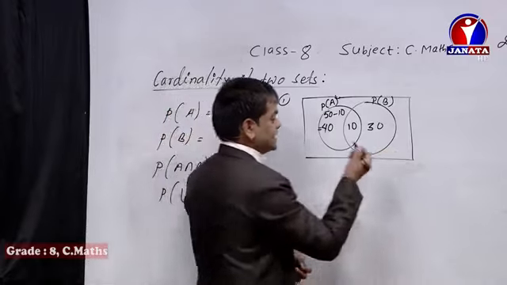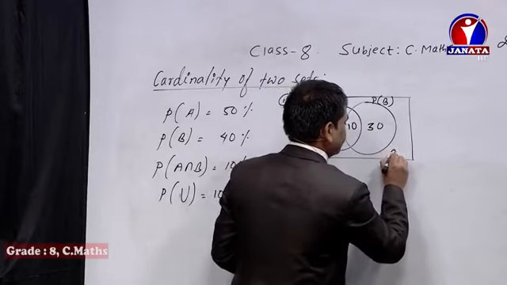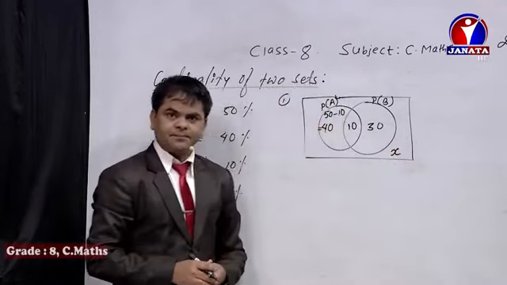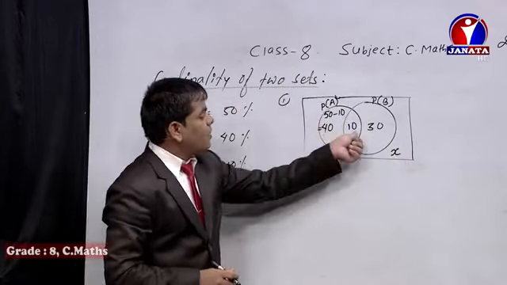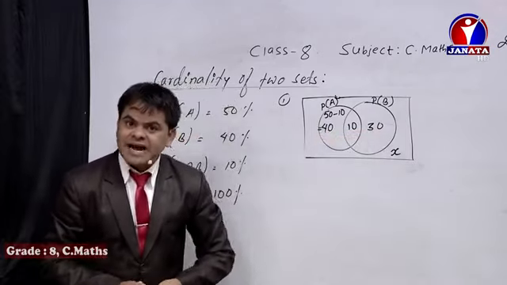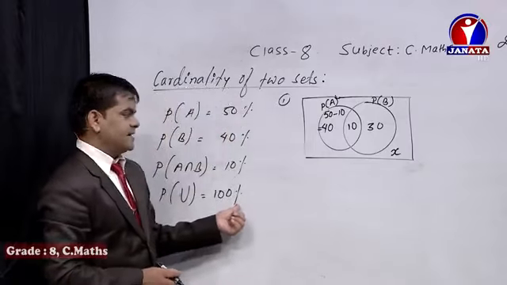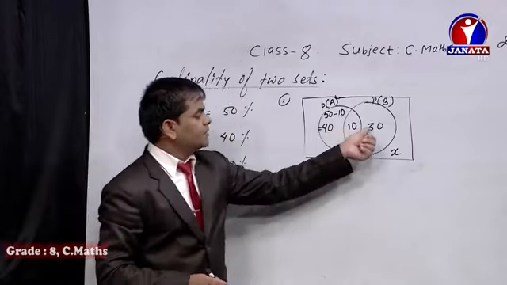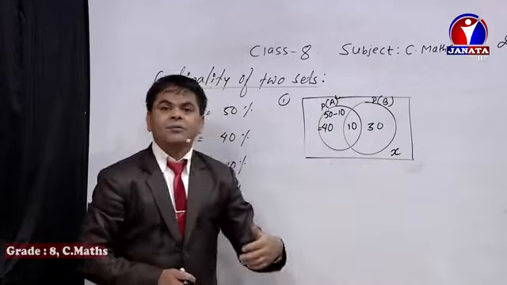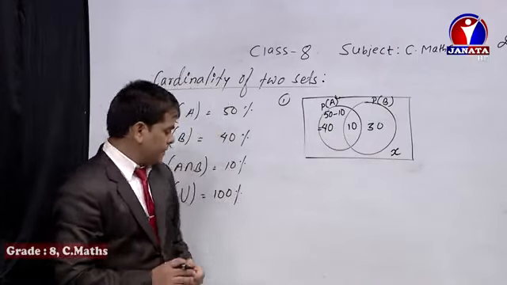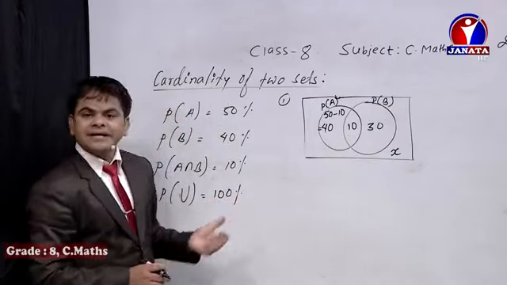And if you suppose x rather than writing 20 here, then what do we have to do, dear friends? You need to add all the values of the rectangle together, and it should be compared with the universal set. Because by combining the 4 parts of this Venn diagram, it should be 100%.